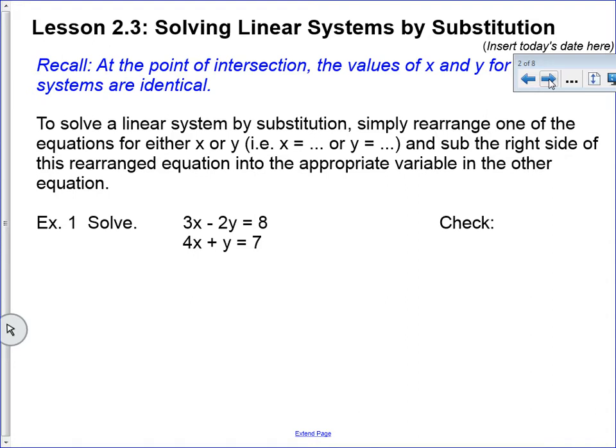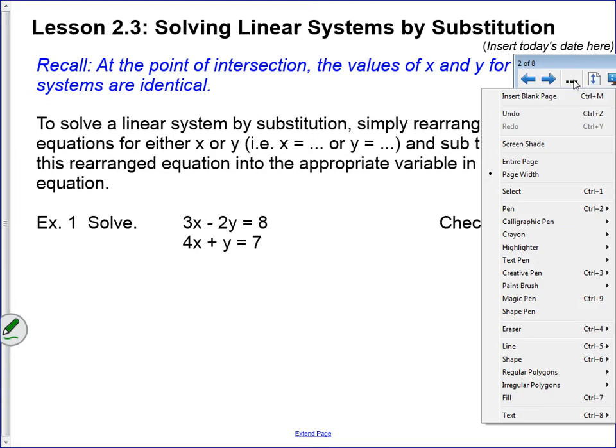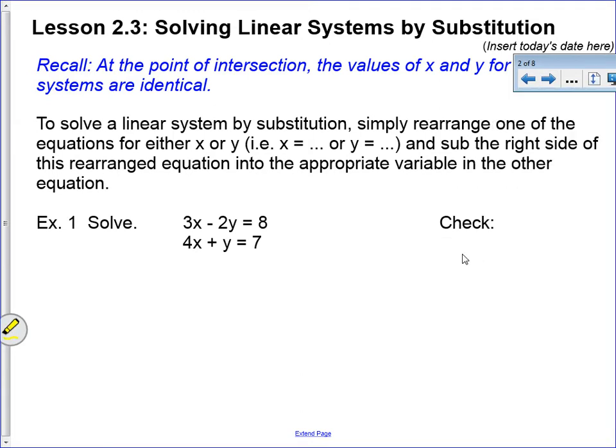So this is the lesson, and I want you to put today's date on the top of the sheet, and then write down and highlight this stuff that I have here. When we're solving a linear system by substitution, we rearrange one of the equations, and we sub it into the other.